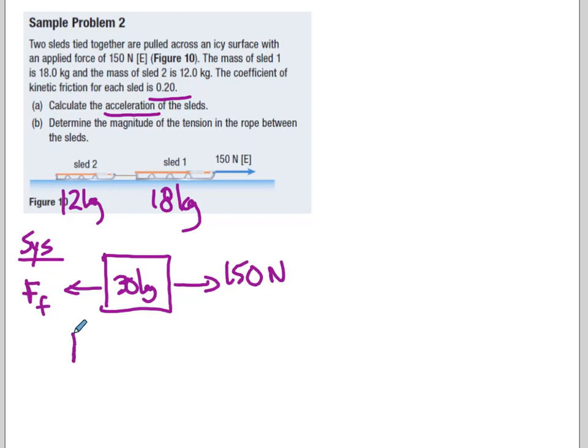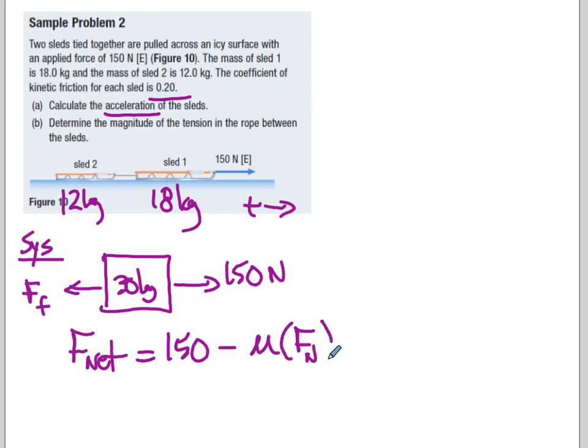It has some sort of force of friction opposing that motion. So if I write an F net statement, I'm going to say positive is to the right. So I have 150 minus, now my force of friction is going to be mu times the normal force. So this is my force of friction. I'm just being a little bit quicker here just to try and minimize the number of lines.